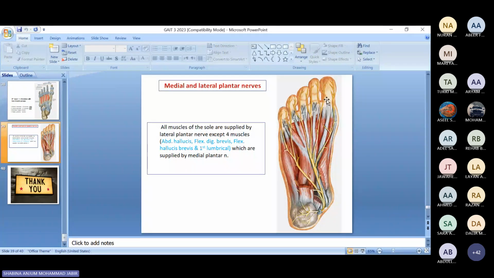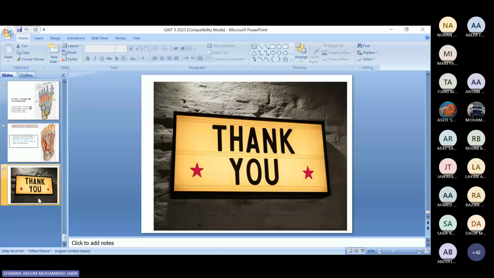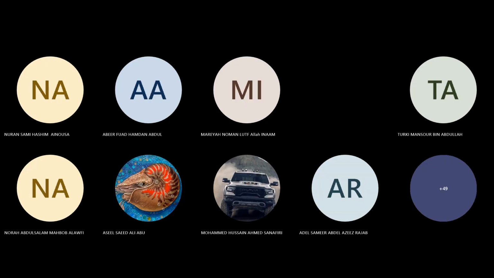So we finish here. Inshallah, in the practical session we will try to see this. My advice is that you don't feel it is too much; just memorize the muscle names, their group, nerve supply and action.